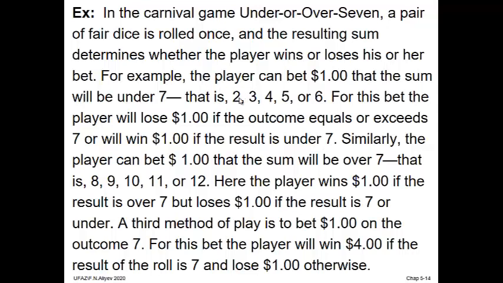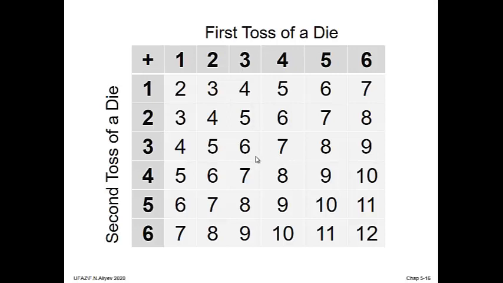Let's go back to our table. We must calculate how many times 2, 3, 4, 5, 6 happen. You see, 1, 2, 3, 4, 5, 6, 7, 8, 9, 10, 11, 12, 13, 14, 15. 15 times we have the sum being less than 7.